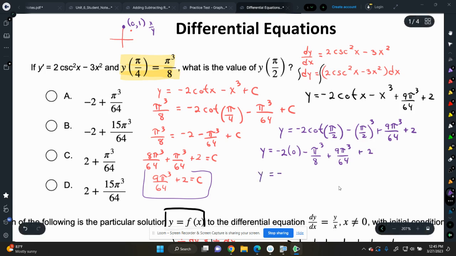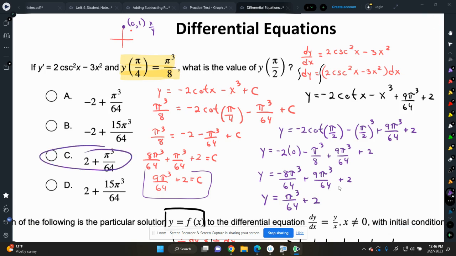So I'm going to write negative 8 pi cubed over 64 plus 9 pi cubed over 64 plus 2. So y equals pi cubed over 64 plus 2. Dun-dun-dun-dun-dun. For a difficult problem.